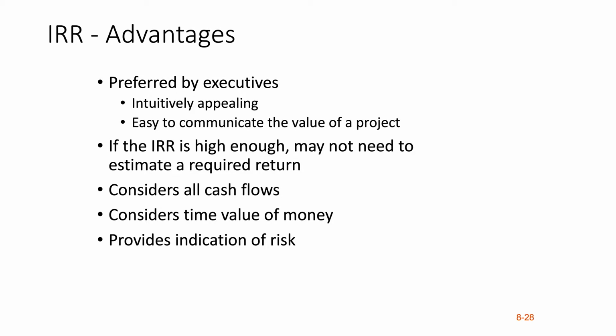It's easy to understand. You don't have to tell me what the net present value is or what discount rate you use. And sometimes if the internal rate of return is high enough, you don't even want to know what the cost of capital is. Well, that project has a 50% rate of return. Wow, that is very high. People understand that's a good project.